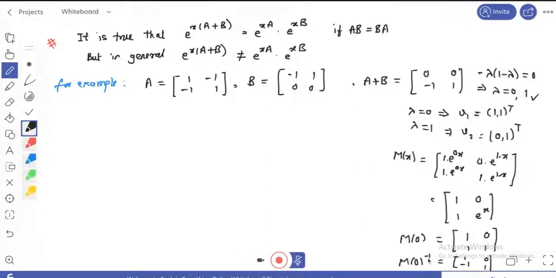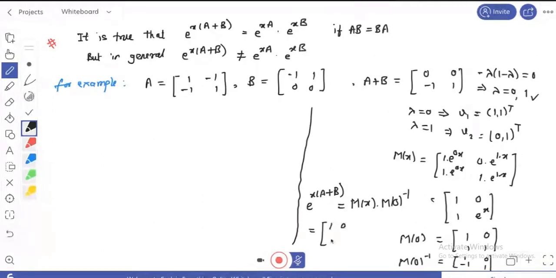Okay, so what is the value of e to the power of A plus B? This equals Mx times M0 inverse. So the fundamental matrix 1 0 1 e to the power x multiplied by 1 minus 1 0 1.